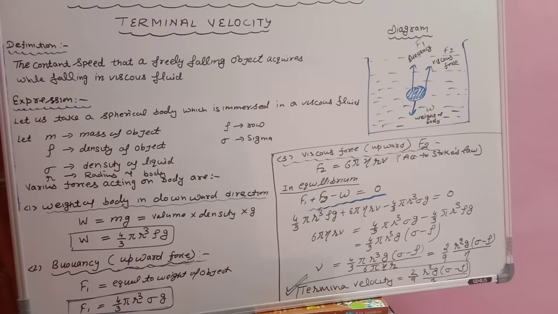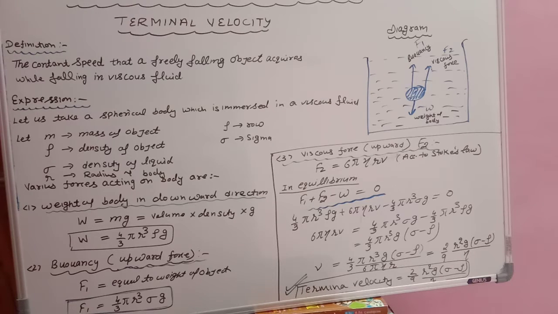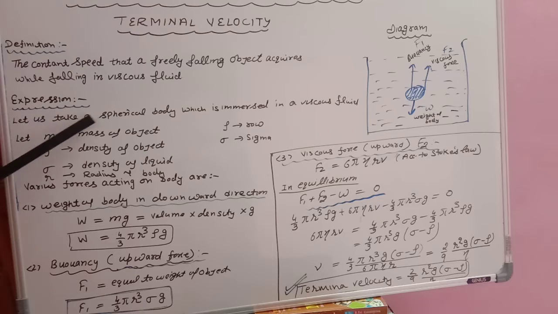Which object we have taken? Spherical. Now students, many have this question: why are we taking only a spherical body? We are taking only a spherical body because it is easy to calculate the volume and all for a spherical body. Okay, so let us take a spherical body which is immersed in a viscous fluid.